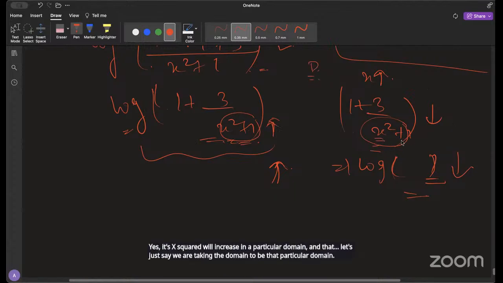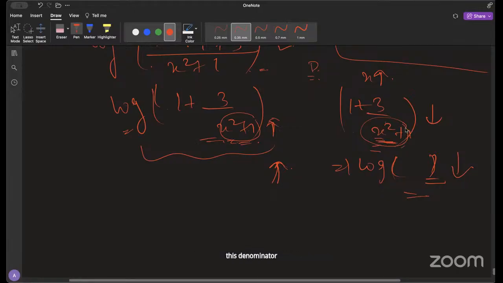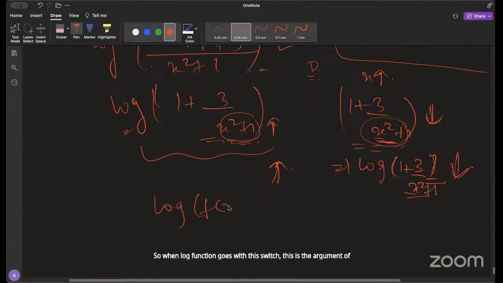So if this thing is increasing, this denominator increases. If your denominator increases, the whole thing decreases. That means this is also decreasing. And then you're saying the log function is also decreasing. Yes, log function is increasing, but this thing is going to decrease. So if this is the argument of the log function and this goes up, then the log function also increases.